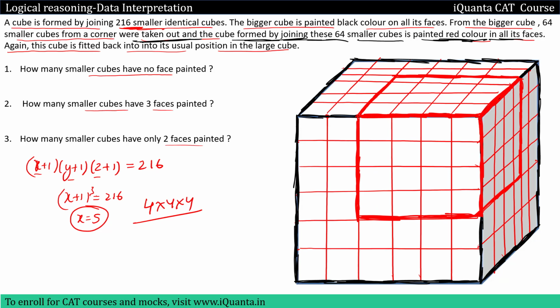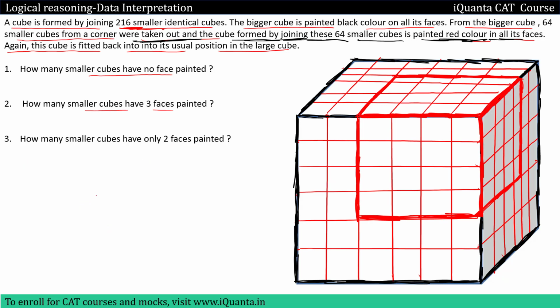Now the question is asking us, how many smaller cubes have no face painted? So no-face-painted cubes always lie inside the first layer. First of all, let me find the cubes having no face painted inside the 4 cross 4 cross 4 cube, that means this smaller cube. We find it using this formula.